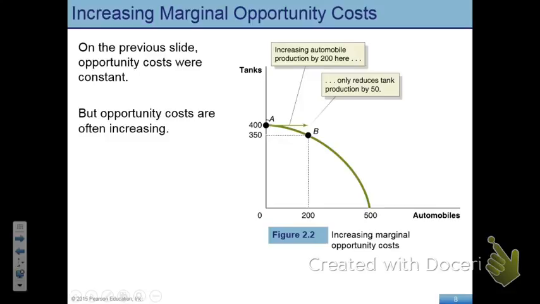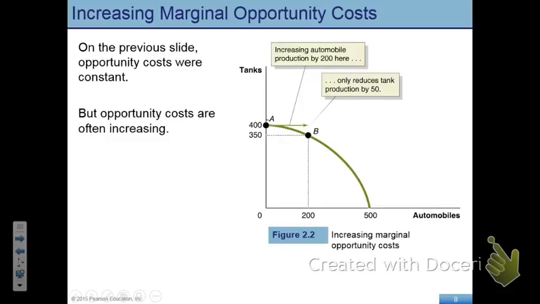So what do you do? You say, well, I'm going to reallocate some of the resources from the tanks to the automobile industry. So you give up producing some number of tanks, in this case 50. You give up producing 50 tanks and allocate those resources to the production of automobiles.